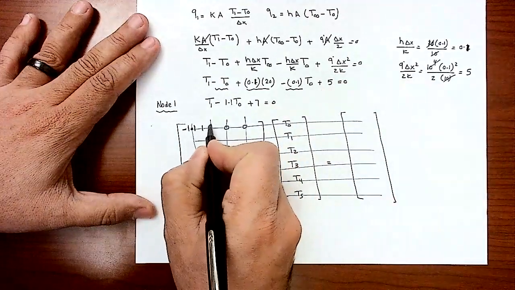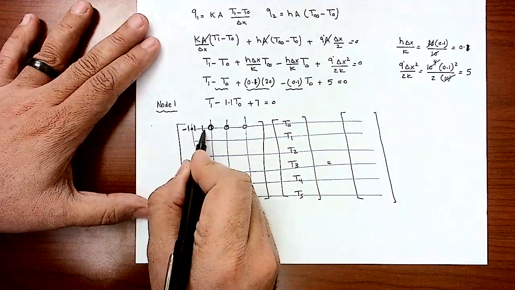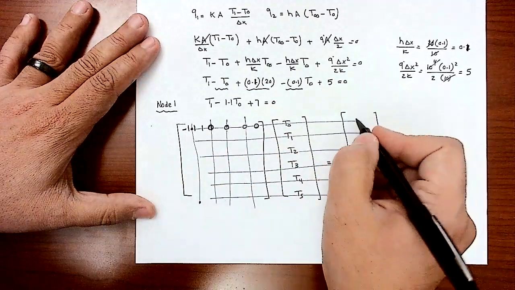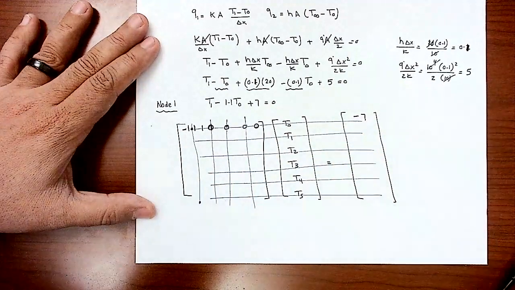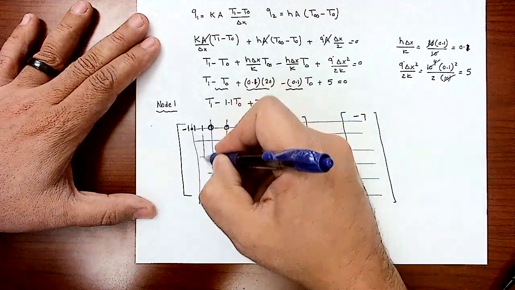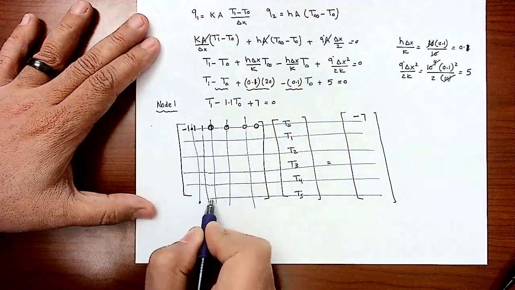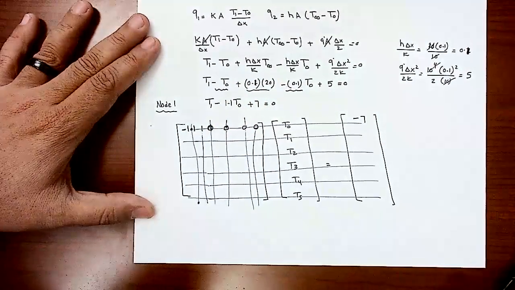So that's 1, 0, 0, T1, T2, T3, T4, T5 is also 0, and the free term is -7, right? So let me arrange the numbers in a better way.